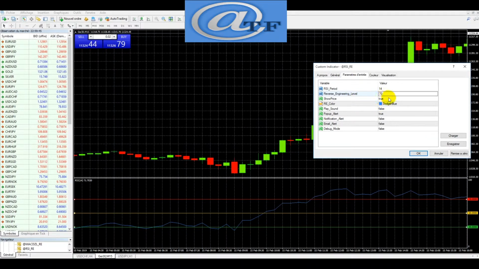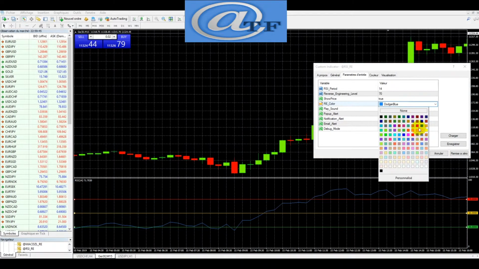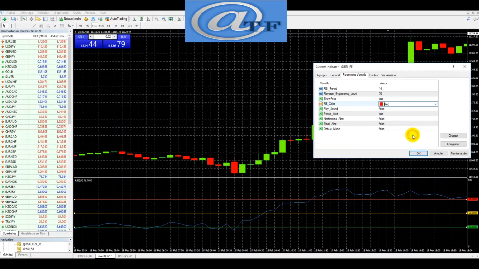The show price option is to write the price that has to be crossed on the live candle. Then I can choose the color, for example red, because 70 is my overbought area.